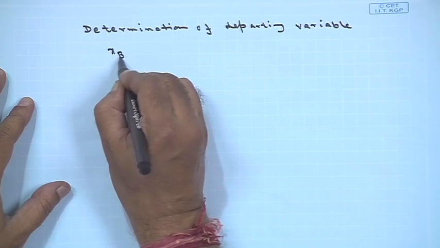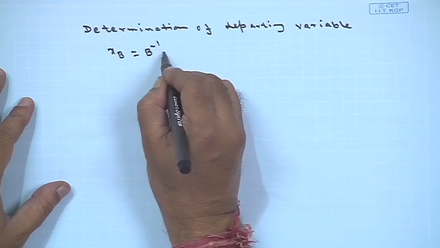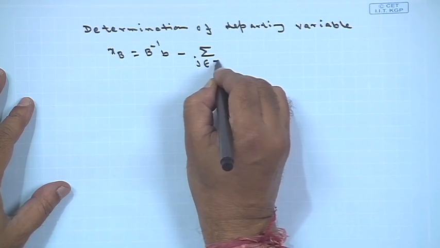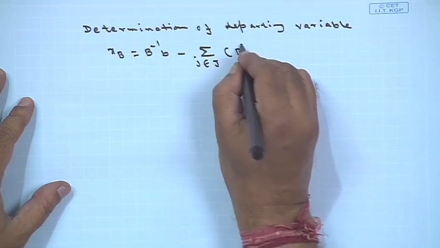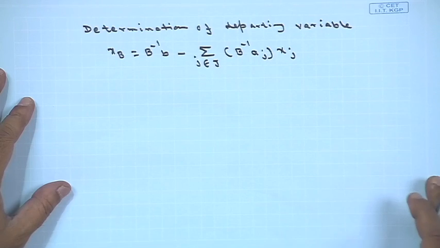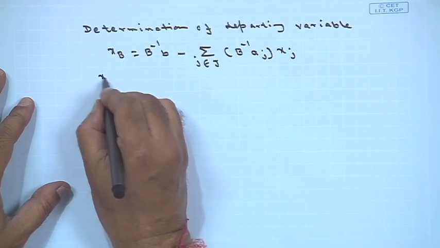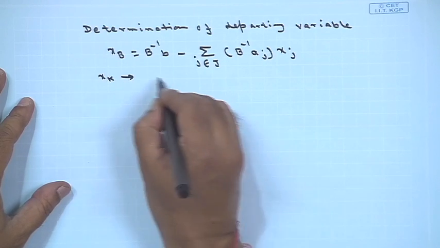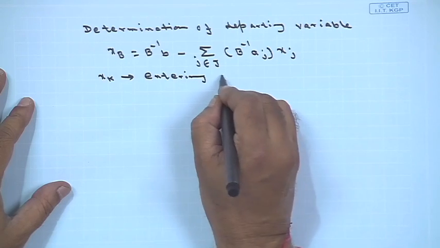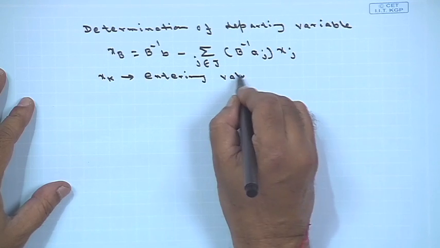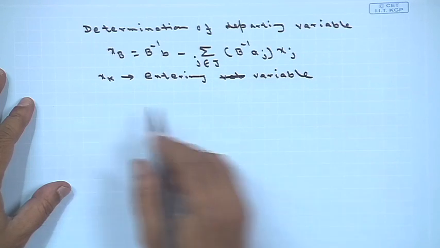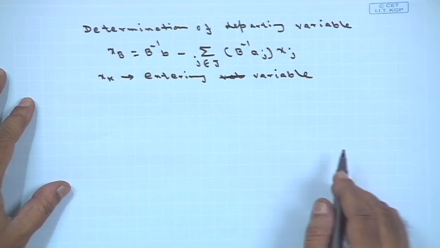You know x_B is equal to B inverse b minus summation over j belonging to J of B inverse a_j into x_j. Now, suppose x_k denotes the entering variable. So, first I am choosing which one will be the entering variable, and I am choosing x_k as the entering variable.